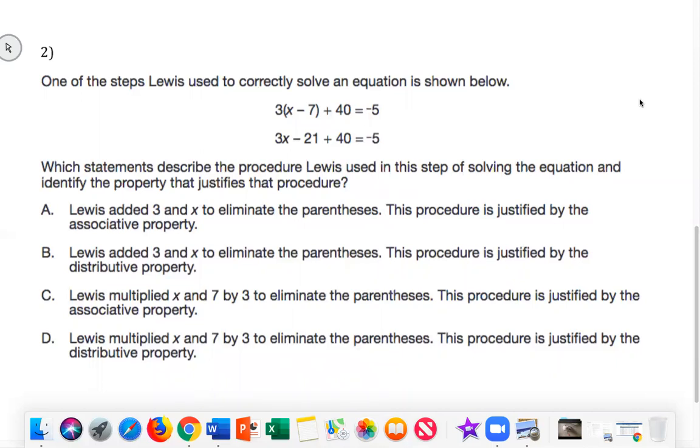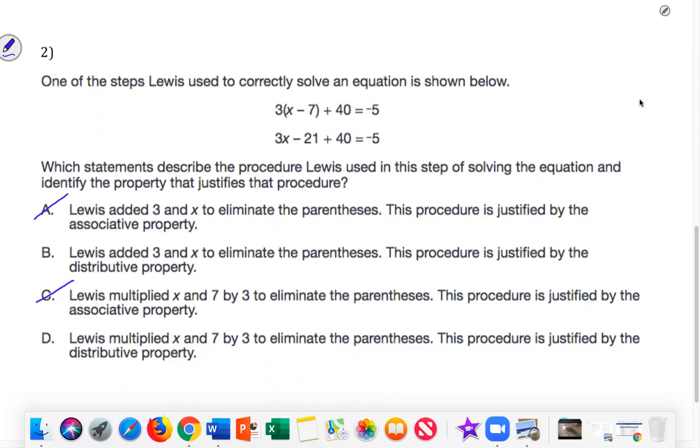Distributive. I would agree with you. So if we look at our answers, A says associative, right? B says distributive, C says associative, and D says distributive. Just because you knew it was distributive, you got it down to a 50-50 shot.